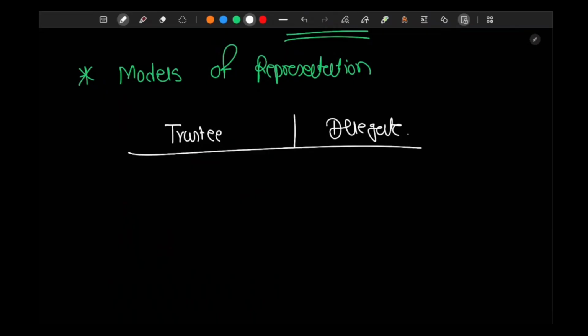In models of representation, we are seeing not per se how they will be elected, but what is their effective role, or in representation what they are going to do, right?